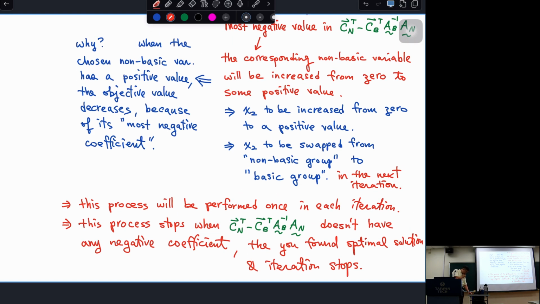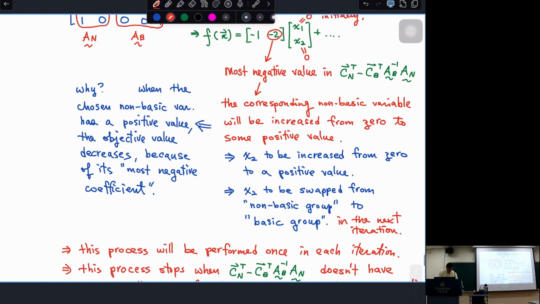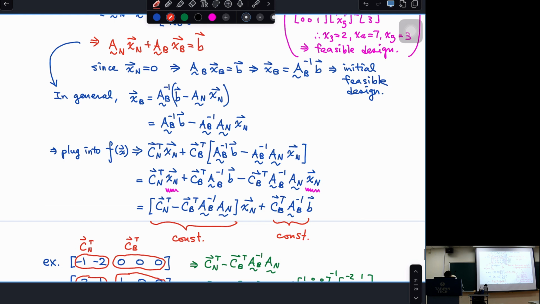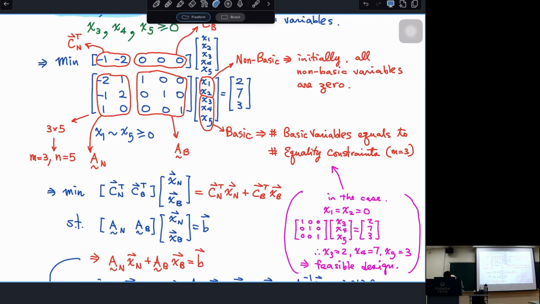The second part is how do you choose one from basic, change it to non-basic. So that part, okay, I will use this. So now we need to observe this. So copy.